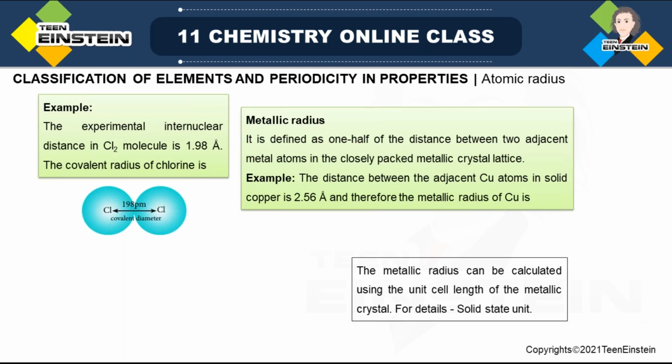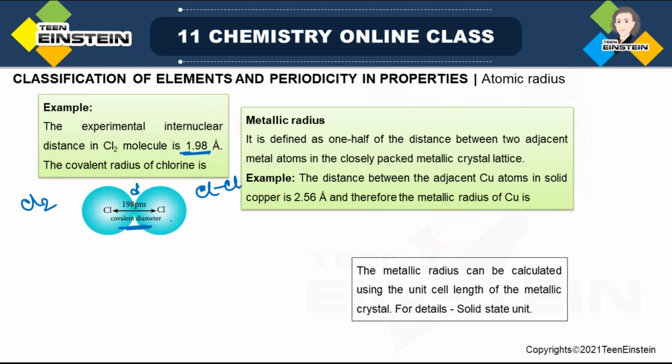So for metallic radius also the definition is given here. But before that, if you look at the left hand side picture, this is the covalent bond between two chlorine atoms, because you know chlorine is diatomic, Cl2. So the experimental internuclear distance is given. Suppose this distance is d, 1.98 angstrom.